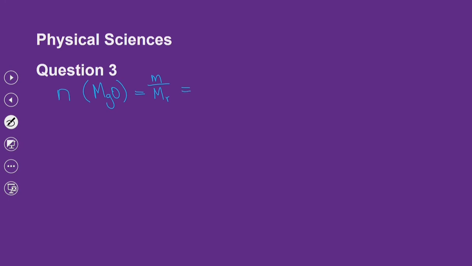The mass they gave us was 30. The molar mass of magnesium oxide is 40. Therefore, that is equal to 0.75 mole.